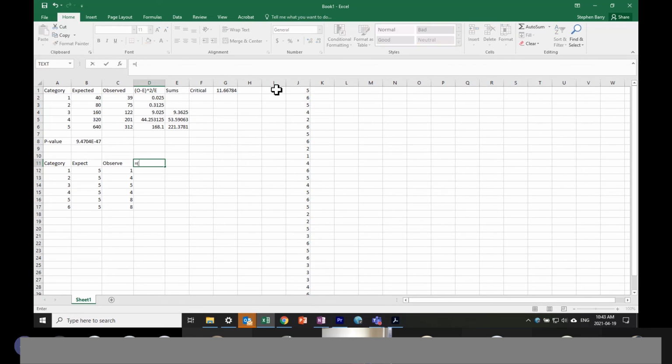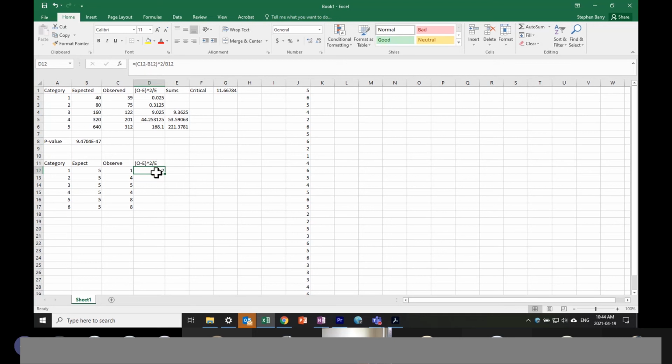So you want to figure out, is the observed value any significantly different than my expected values? Okay, looks okay.